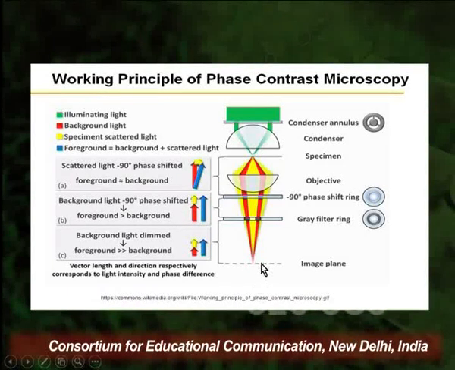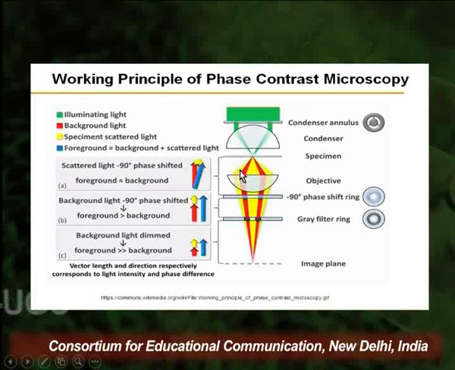When light comes from the light source, the condenser, with the help of the condenser annulus, changes the phase of the light to an extent. And when it is incident on a specimen, based on the thickness of the specimen or its internal organization, it changes the phase to some extent.